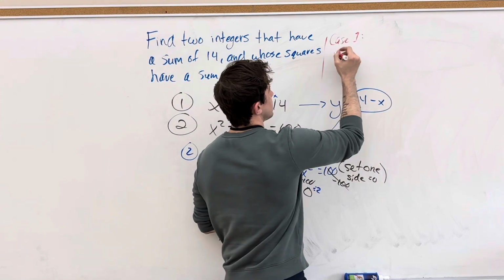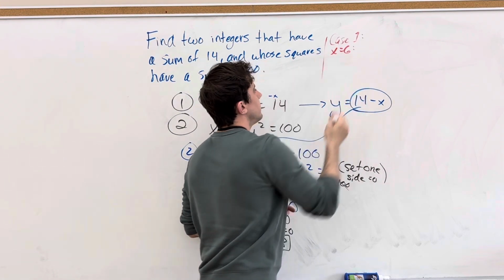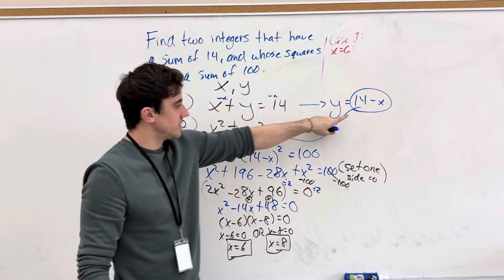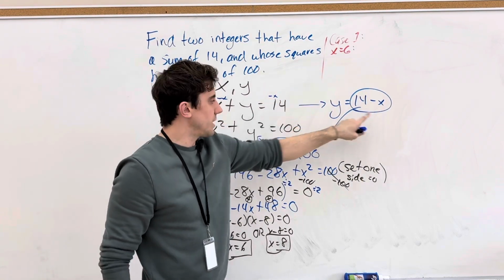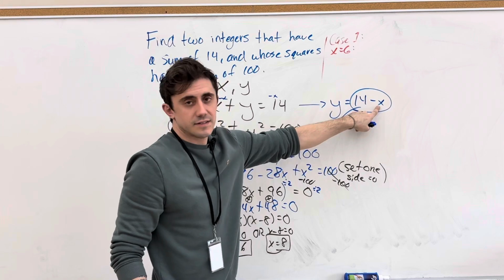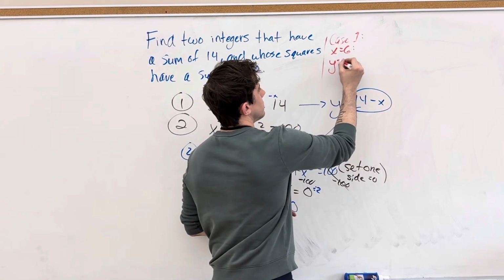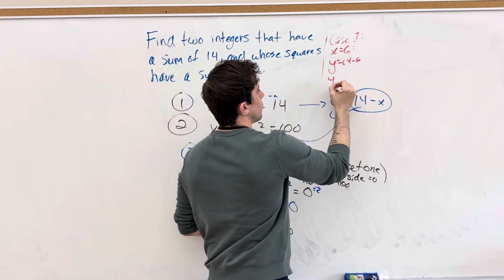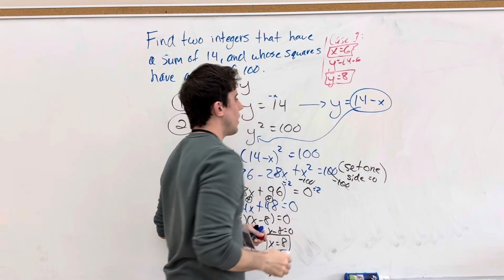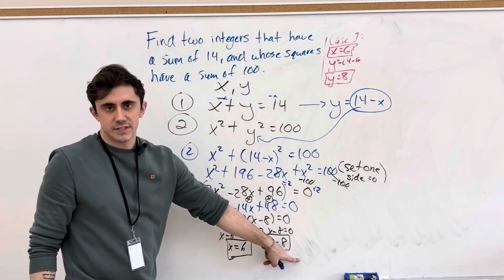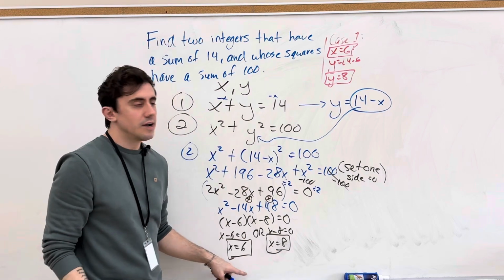Case 1, when x is equal to positive 6, then we can use our expression for y in terms of x. If we plug in x equals 6, then we get y is 14 minus 6. And so we get y is equal to 8. So case 1, x equals 6, y is equal to 8. That might scream at you that it's symmetrical with x and y.